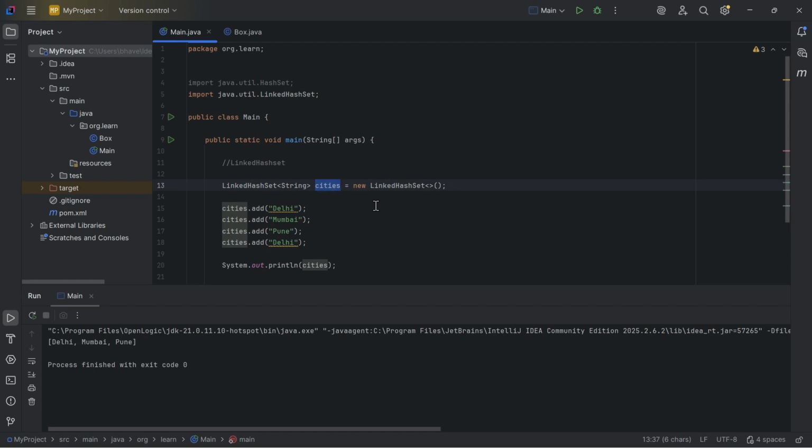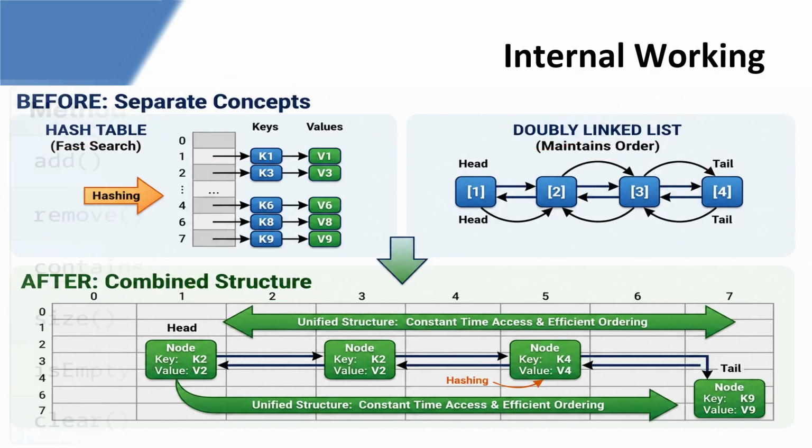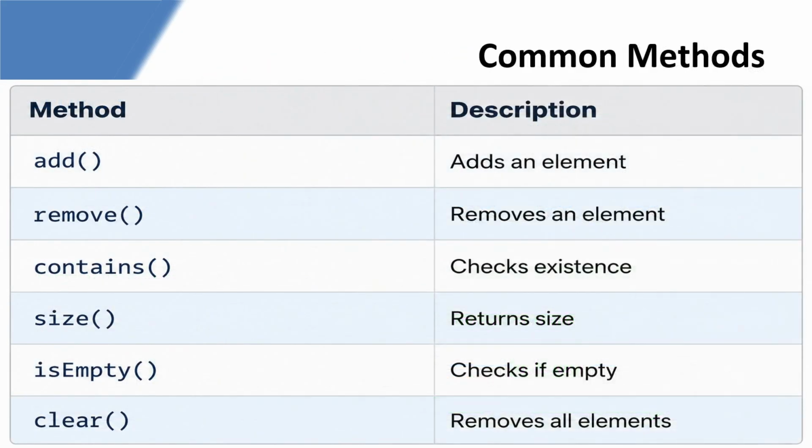Okay, so let's look at some of the common methods used in LinkedHashSet. Add we have used just now in the example. Add is used for adding an element. Remove is used for removing an element. Contains is used for checking whether an element exists in the LinkedHashSet or not.